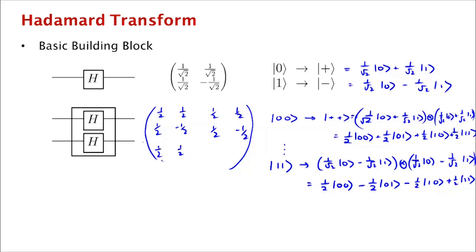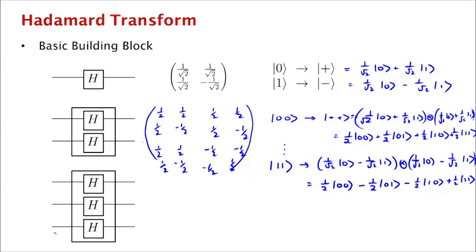And then for this entry, since it is minus 1 over square root 2, you'd be multiplying this matrix by minus 1 over square root 2. So you'd get halves, but you'll also change signs: minus a half, minus a half, minus a half, and a half. That's your Hadamard transform on 2 qubits.